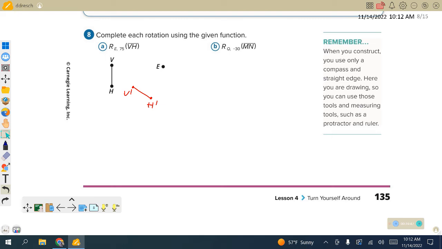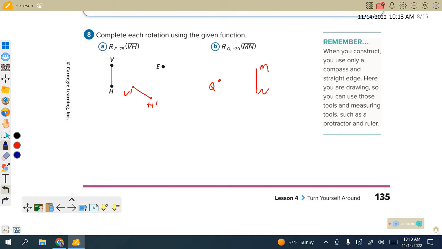We found out first our part B is a typo, because do they give you a picture? Sure not. So let's make a picture there, a Q, and let's make MN over here on the side. We want to rotate that negative 30 degrees. So I'll give you a second to jot that down. When I see that negative 30 degrees, get it locked into your head, which direction are you going?